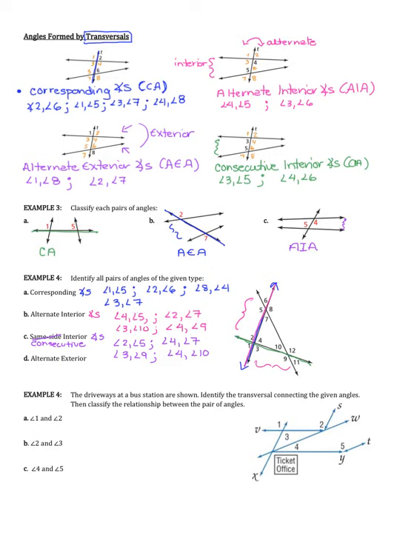Alternate exterior. Let's try a transversal we haven't done yet. We haven't looked at the relationship that would come off of this line here. So if this is my transversal, and I wanted to find some alternate exterior, the green line is my transversal. Exterior is going to be out here and out here. It's not going to be between those two lines.